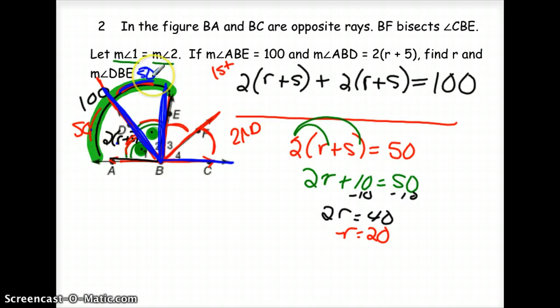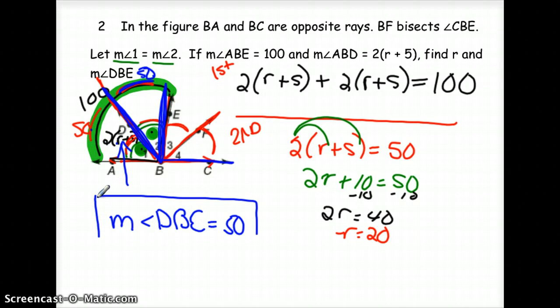This was 50 and that's 50. So the measure of angle DBE is 50. If you wanted to, you could plug it in. You could plug your 20 in right there and you're going to get exactly the same answer. Box that in. Oops, and we need R as well. All right, let's move on to our last example.